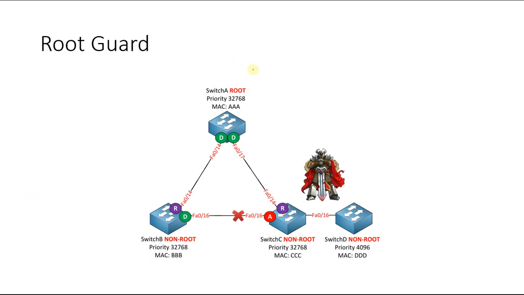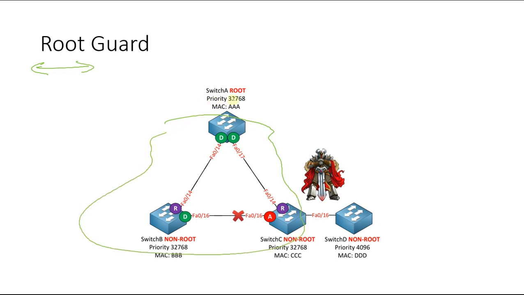Okay, the next case is maybe a little different, but still related to BPDU guard. It is root guard. What is root guard? This case happens when we have an STP network, for example here.